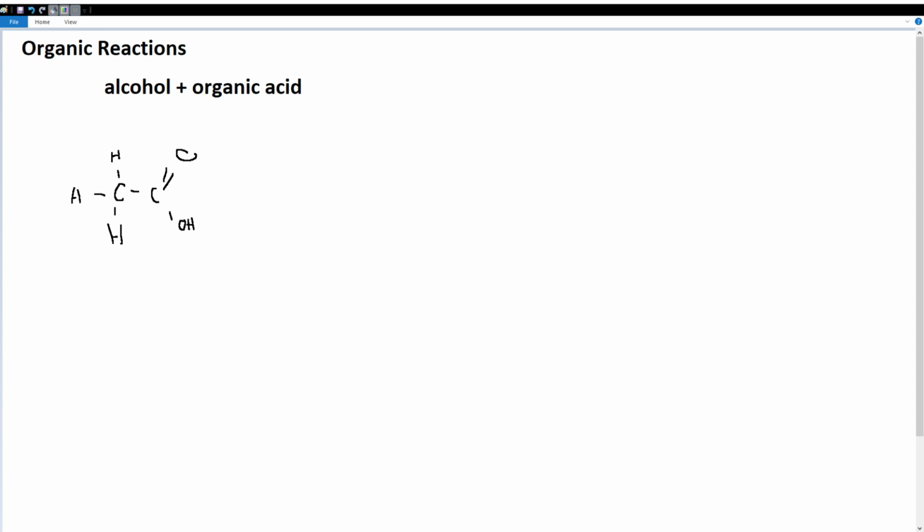So this is our organic acid. It has the carboxyl group, COOH, at the end of it. And we're going to have an alcohol over here. So this is ethanoic acid on the left here. I'm going to write that down.